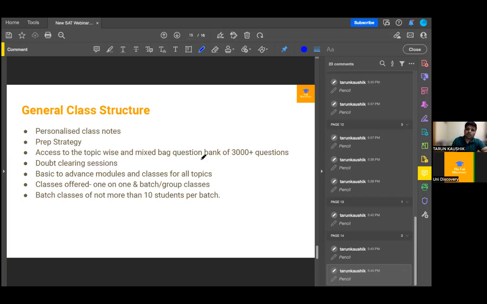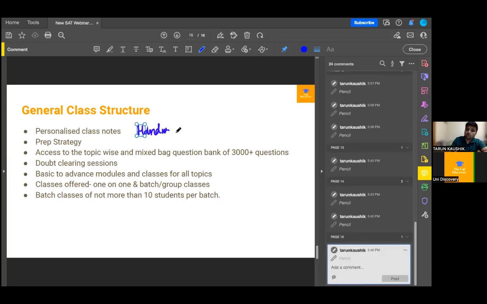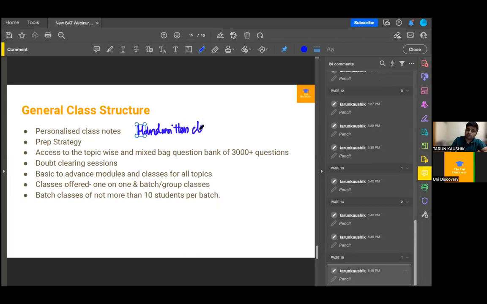As far as the content is concerned, you'll be getting handwritten class notes of 280 pages that cover the entire theoretical concepts, shortcuts, and techniques that SAT will test you on. Our primary purpose is to see the application of those concepts rather than wasting time writing down the theory.